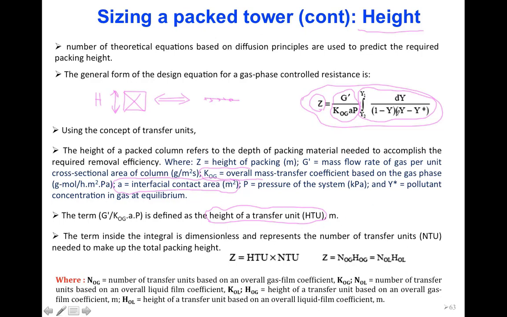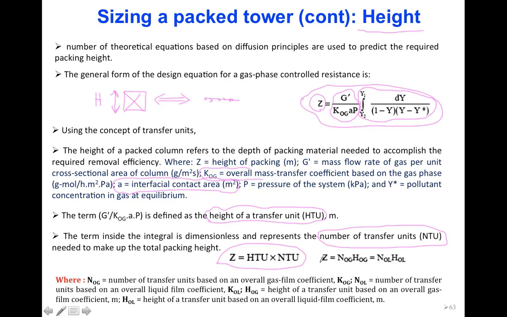The other part here is the number of transfer units: how many transfer units we have, how many plates, or how many packing sections, each equal to one plate, we have. That is called the number of transfer units, NTU. So the overall height of the packed bed can be found as the height of a transfer unit times the number of transfer units.